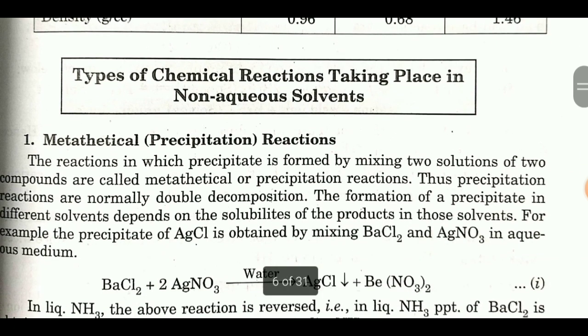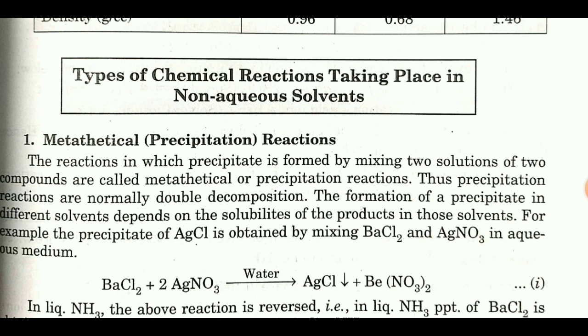Types of chemical reactions taking place in non-aqueous solvents. First, metathetical precipitation reactions. The reactions in which a precipitate is formed by mixing two solutions of two compounds are called metathetical or precipitation reactions. Thus, precipitation reactions are normally double decomposition. The formation of a precipitate in different solvents depends on the solubilities of the products in those solvents.